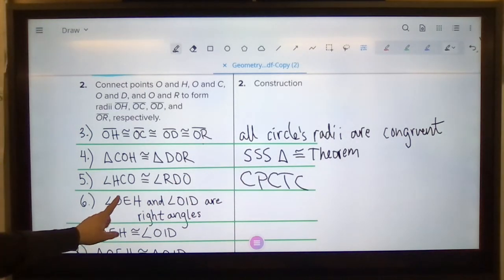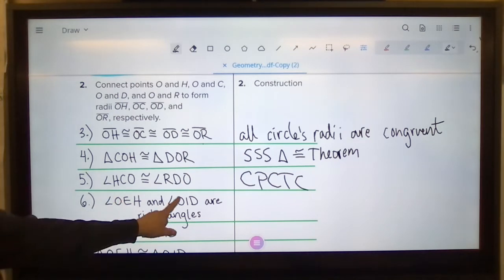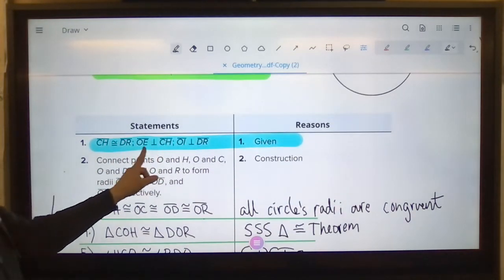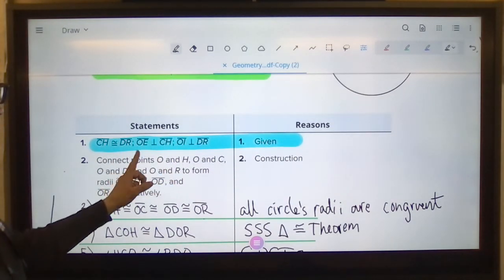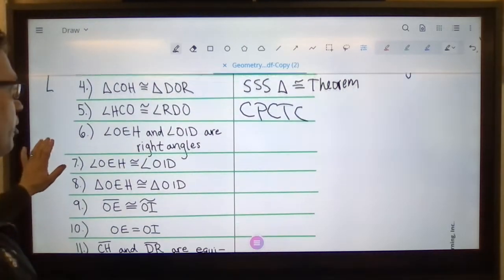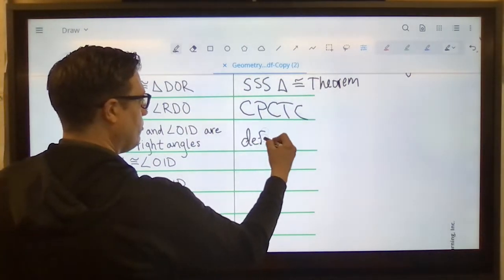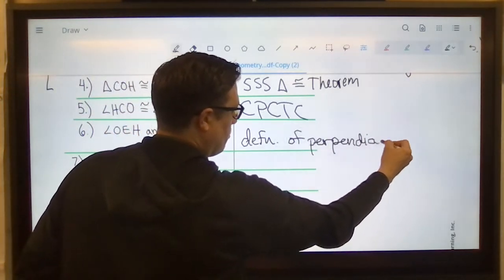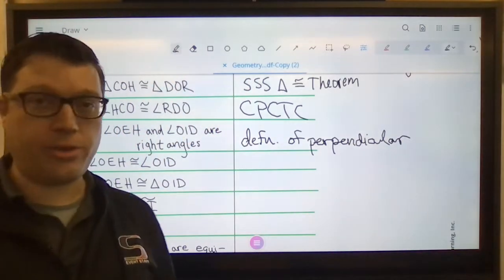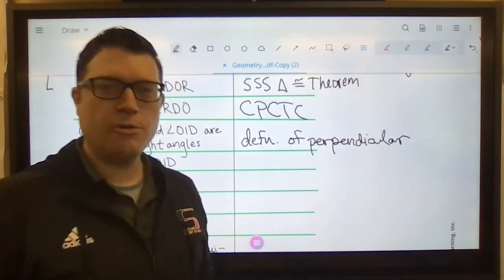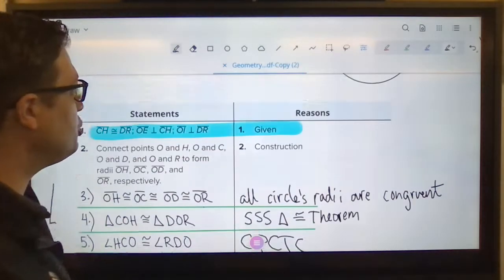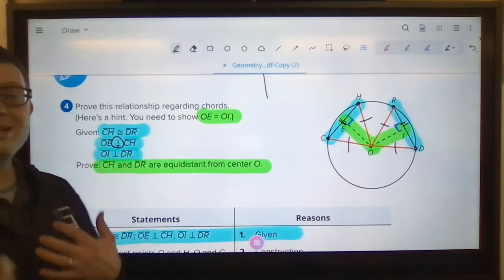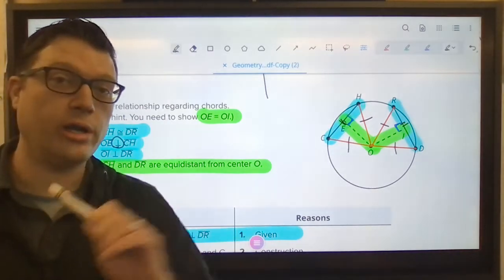Now we have this one, angle OEH and OID. That's because up in our given, scroll please, we have this right here that says we have a right angle, we have the definition of perpendicular. If you've been doing your Mathia, an amazing resource for helping us with geometry proofs, when some symbol was used, that symbol tells us the vocabulary word we're going to use later on.